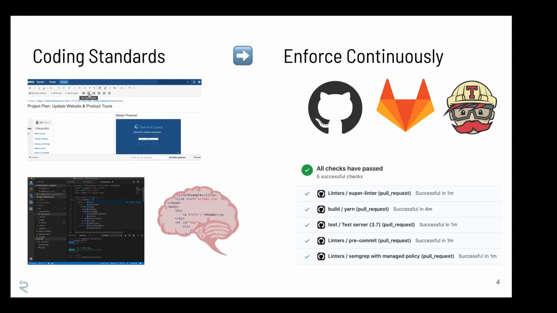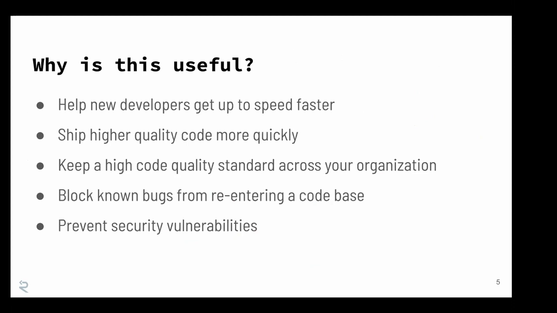Because obviously we're lazy, and we would like to not have to manually do these things over and over again. So just to make this a little bit more explicit, why do we care about writing these code base or organization-specific lints in the first place? Again, we can help new developers get up to speed faster, start contributing better to the team.